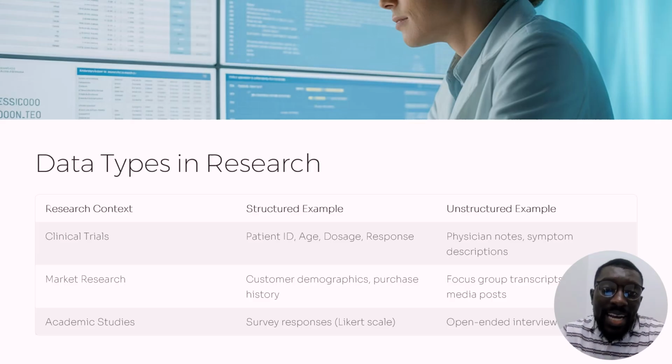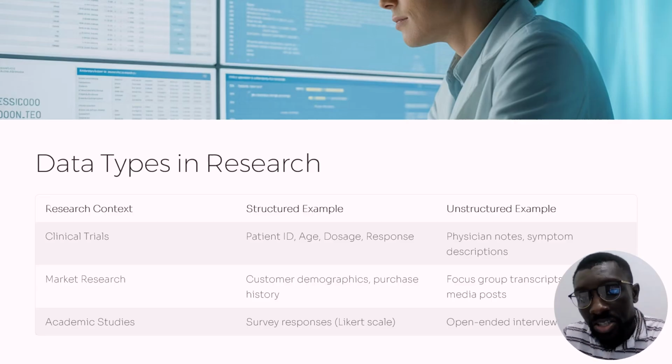So the types of data in research. Here we have research content like clinical trials. The structured example would be patient ID, age, dosage, and response.